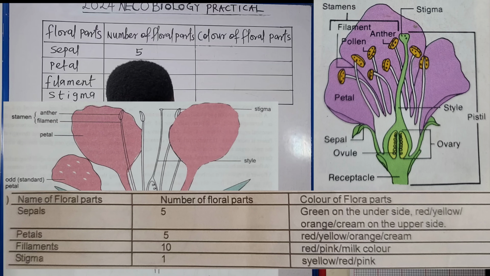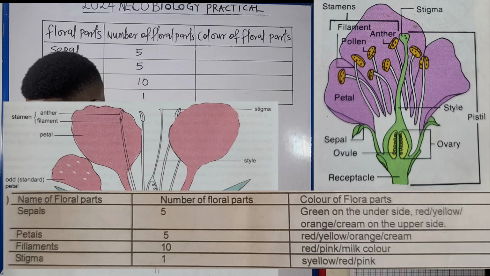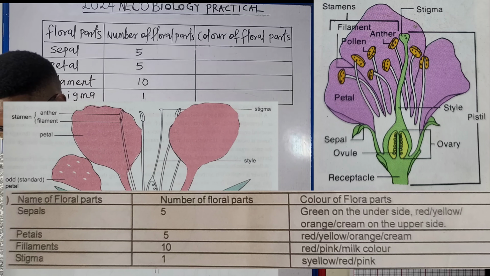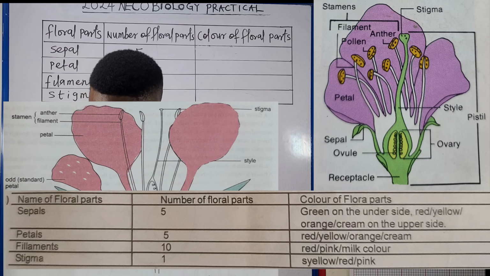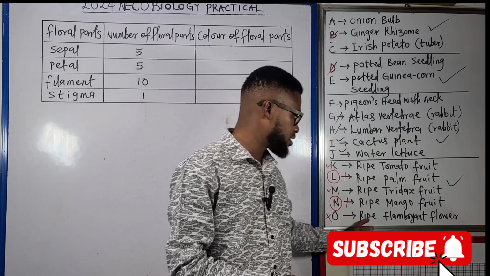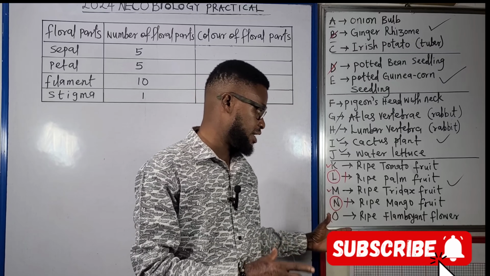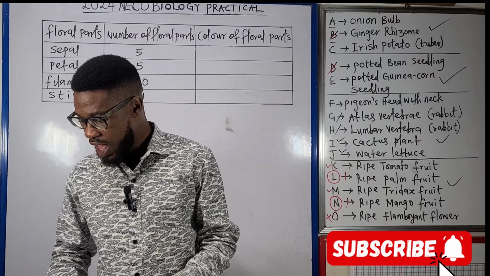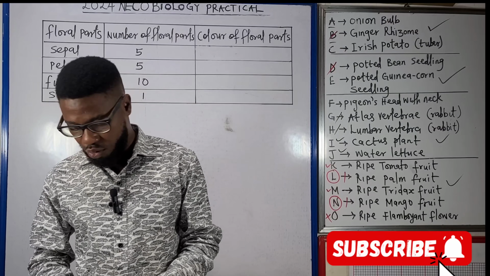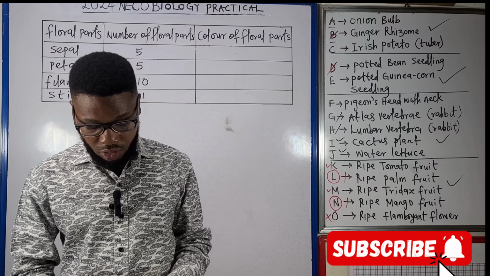You're going to see the stigma, with a long style to the stigma. Put the color there, and I think that's what I suspect for specimen O, a case where you're given the table and told to list the number of the floral parts and the color of the floral parts.